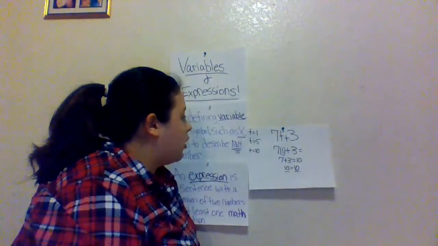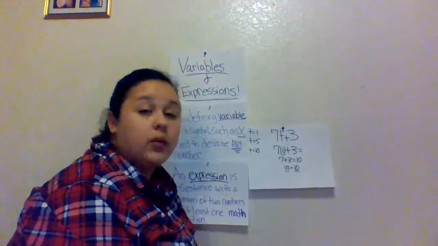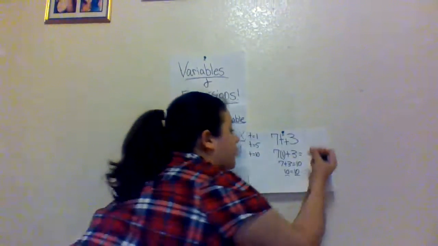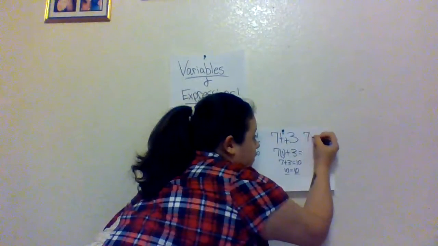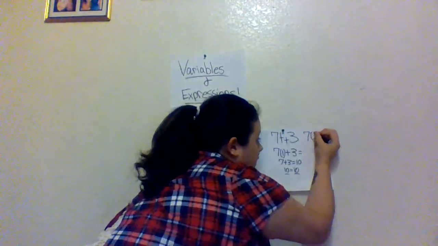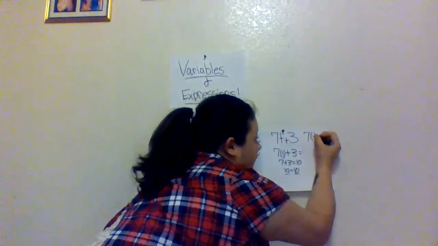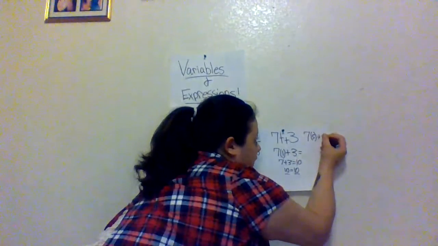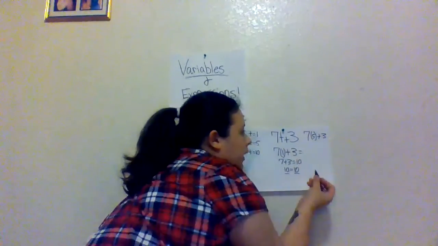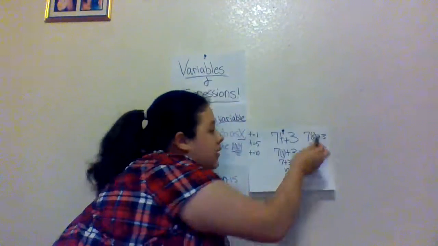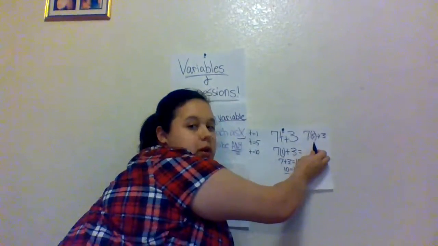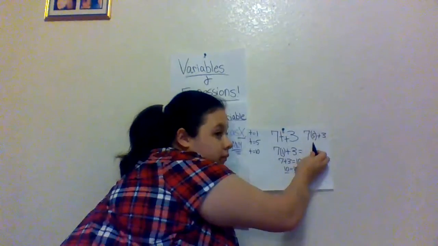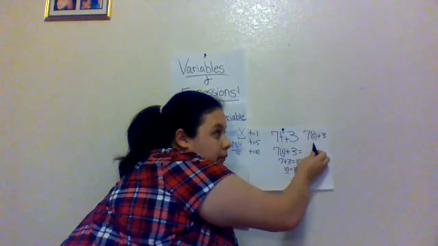Next, we can start with t equals 5. So 7 times t being 5, so plug in our 5 here, plus 3. Okay, so now we have 7 times 5, which comes out to, anybody? No?